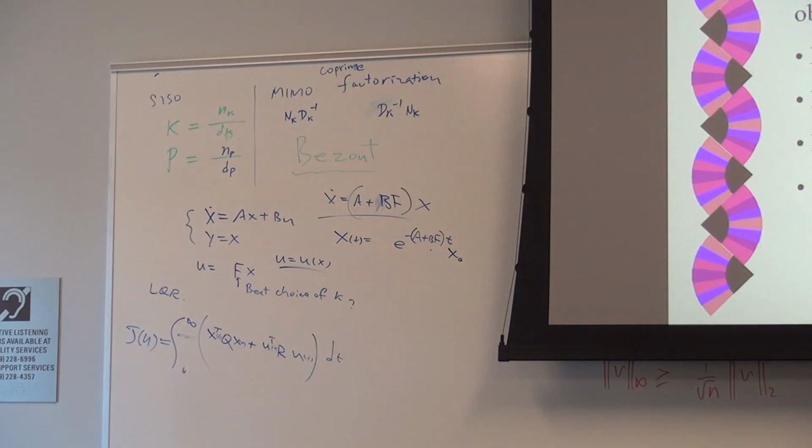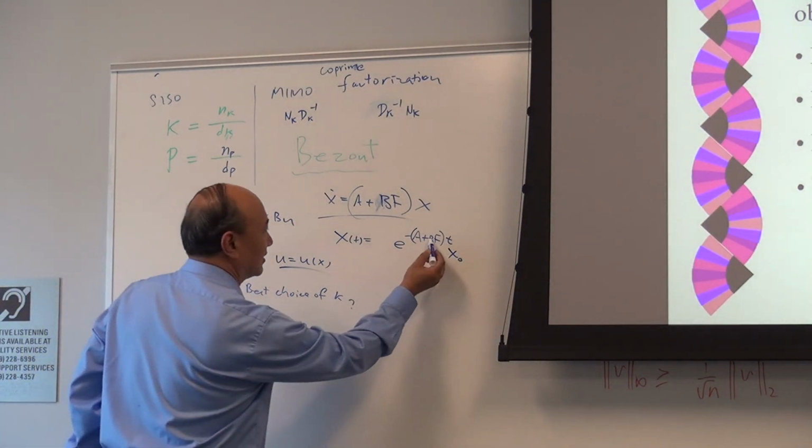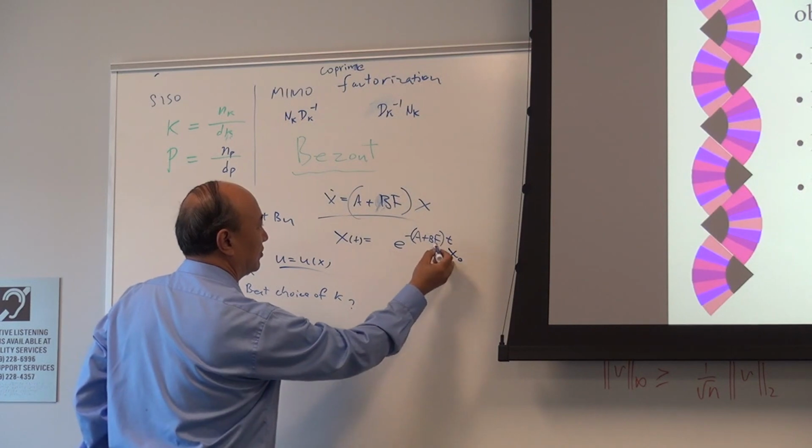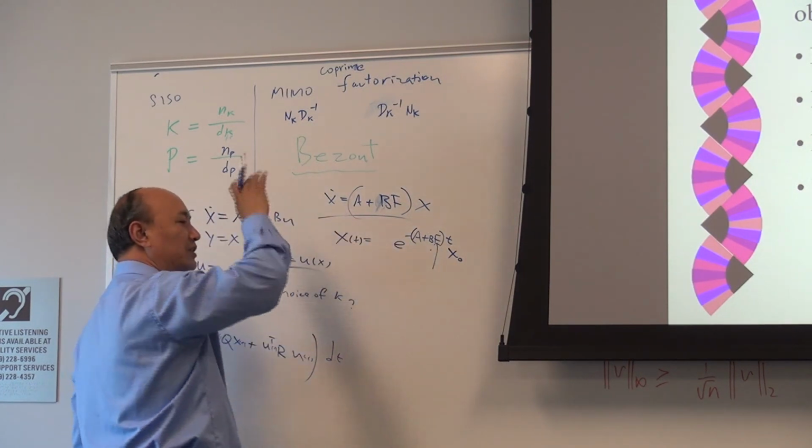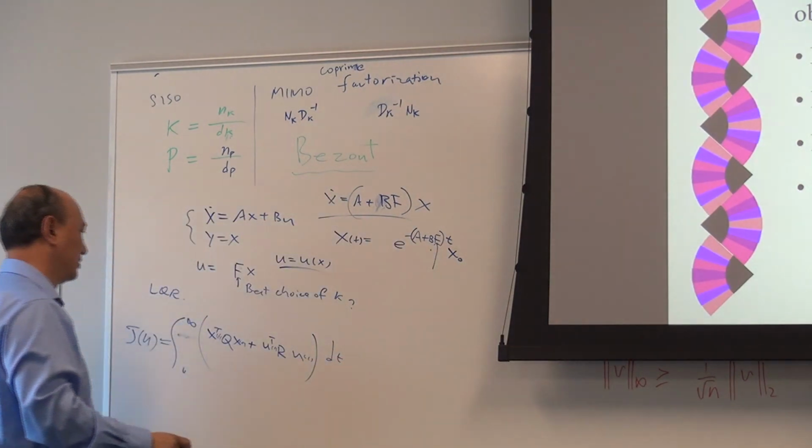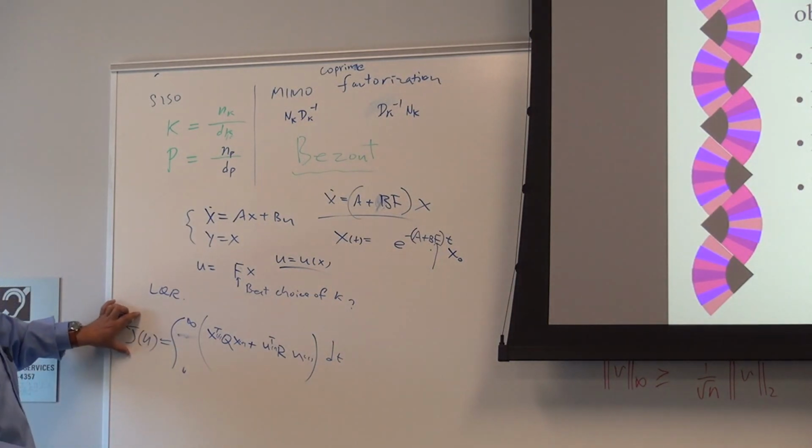Then you need to choose the F such that this X will decay as desired, to make this thing minimum.